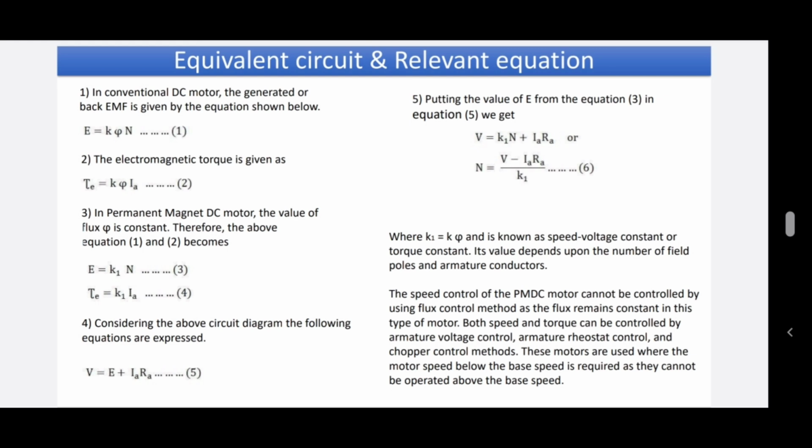Considering the above circuit diagram, the following equations are expressed. V equals E plus IA RA, equation number 5.